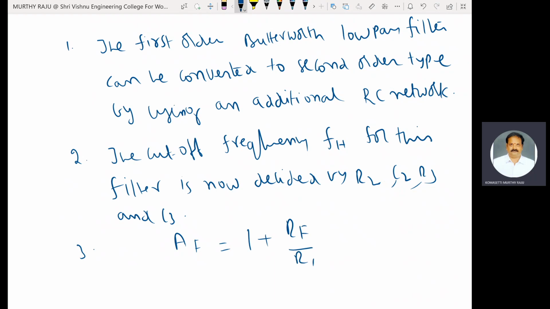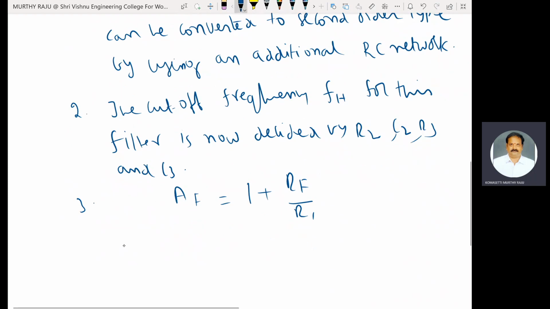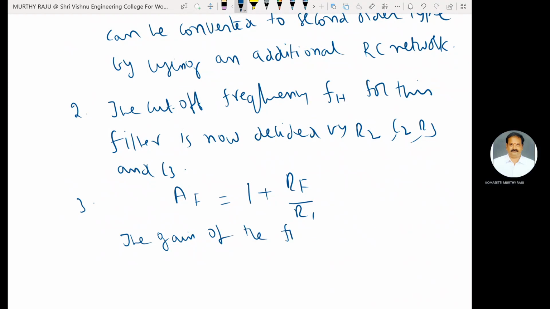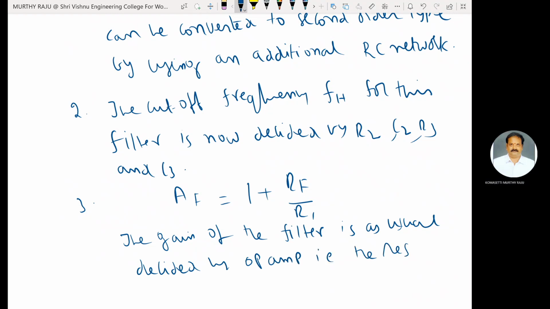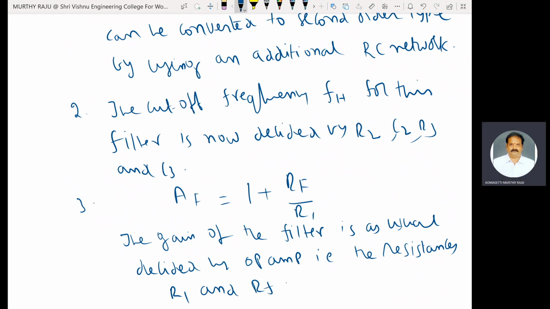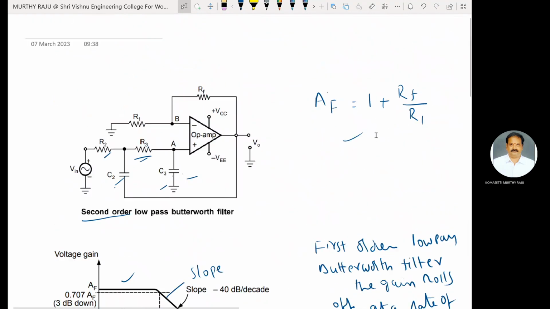The gain of the filter is as usual decided by the op amp, that is the resistors R1 and RF. These are some important points related to second order Butterworth low pass filter.